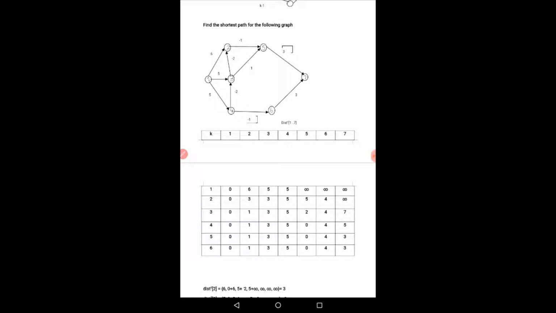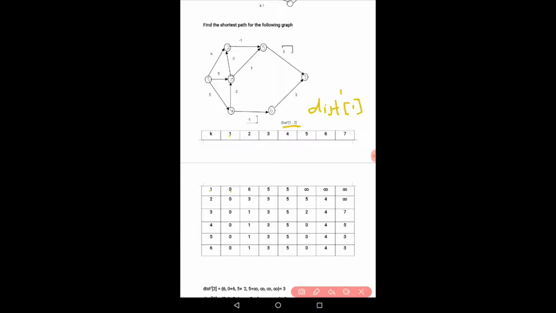Now let's see how we calculate the values in this table. Here 1 is our source vertex. Consider the first column. The first cell is distance 1, 1 with k value 1.